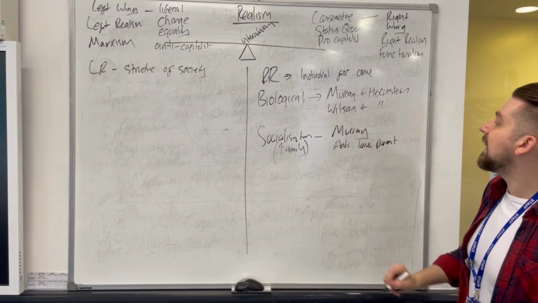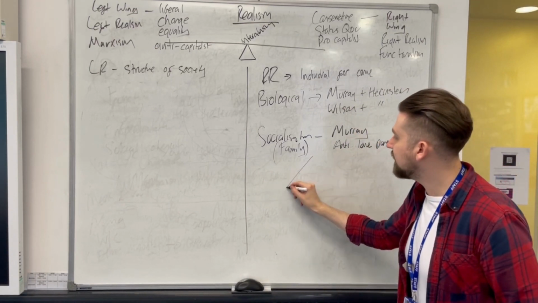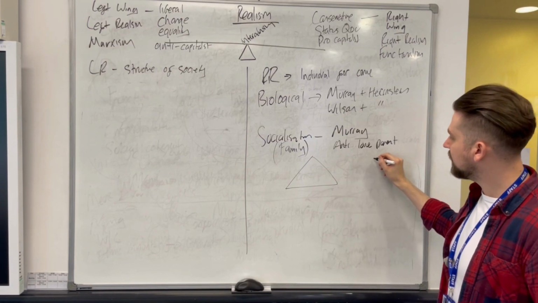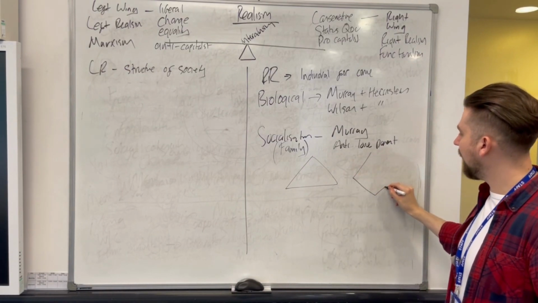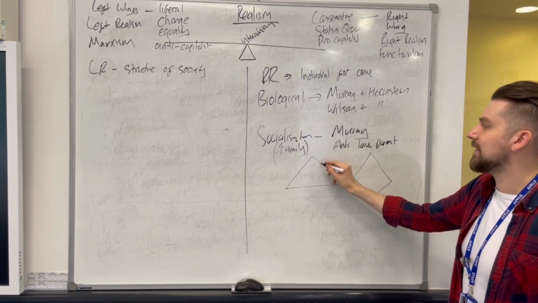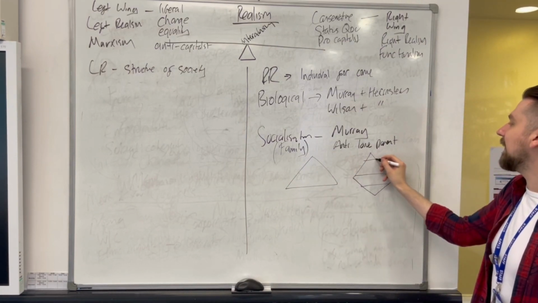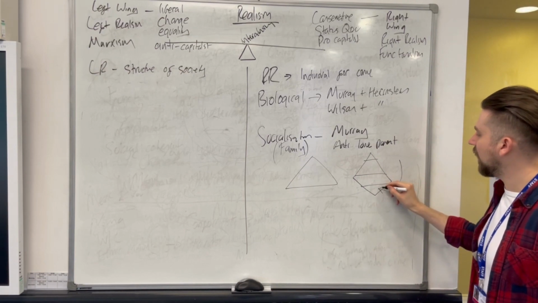Murray is going to be particularly blaming one group in society for this, a group he calls the underclass. Now, what I've drawn out here is a traditional class structure in a hierarchy, and then what I've drawn over here very badly is like a diamond shape.